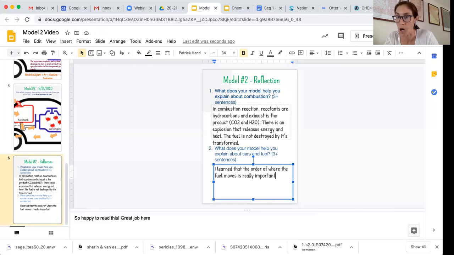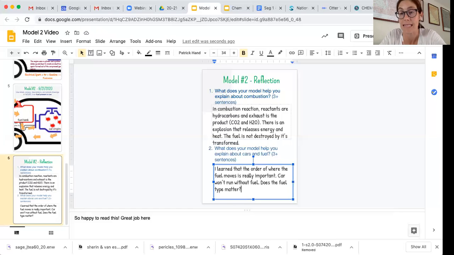That's not going to work, right? The order matters in this combustion reaction. I also know that a car won't run without fuel, right? But I'm left wondering, does the fuel type matter? And we know from our other investigations that vegetable oil can work.